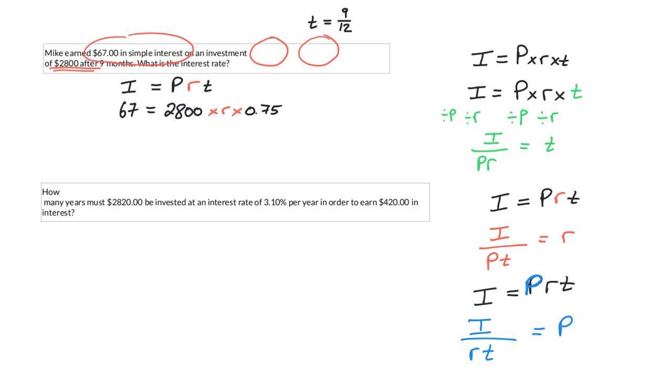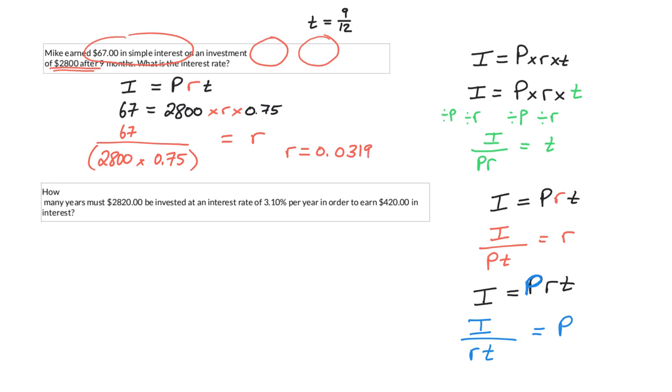Now to get the R by itself, I need to divide by the principal and I need to divide by the term. So I take my $67, I divide by 2,800, and I divide by 0.75. Keep those in brackets, that way the R is by itself. Putting that into my calculator, I get that R is 0.0319.